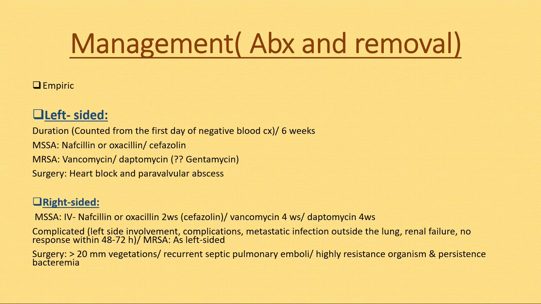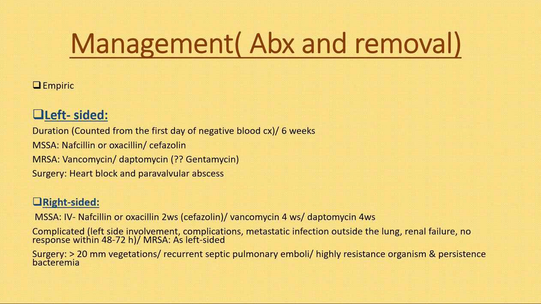The most common organism in the left side of the heart that is going to cause infected endocarditis is going to be Staphylococcus aureus. For this reason, if we suspect that the Staphylococcus aureus is not methicillin resistant, we're going to use oxacillin. If the patient is allergic to penicillin, we can use the first generation cefazolin.